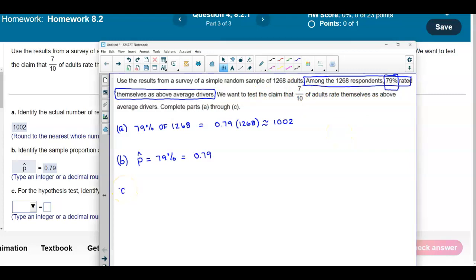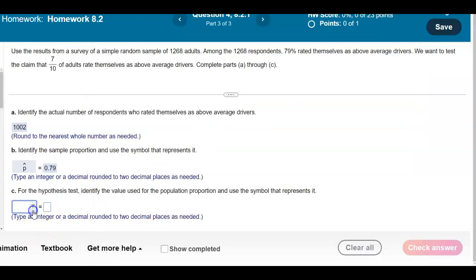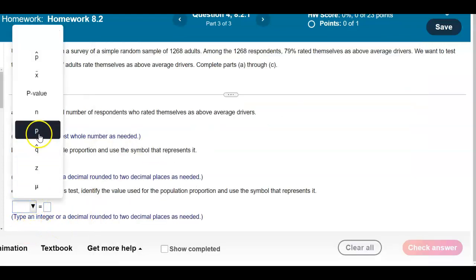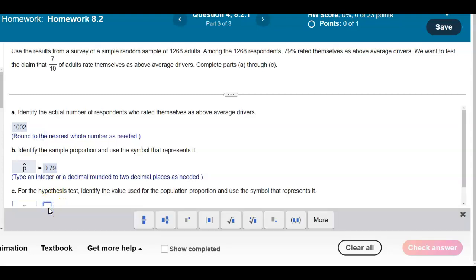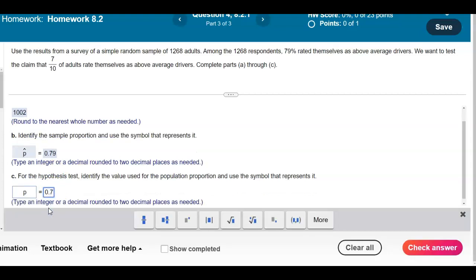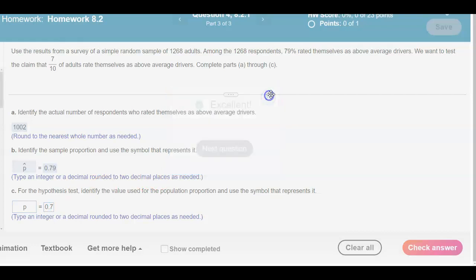So for part C, we know that p is going to equal 7 over 10, which is the same thing as 0.7. So over here, we would say that the population proportion p is going to equal 0.7. Check our result, and then there is our answer.